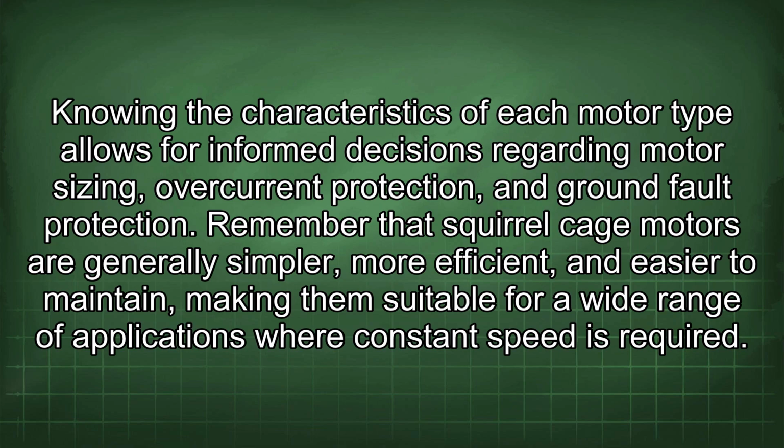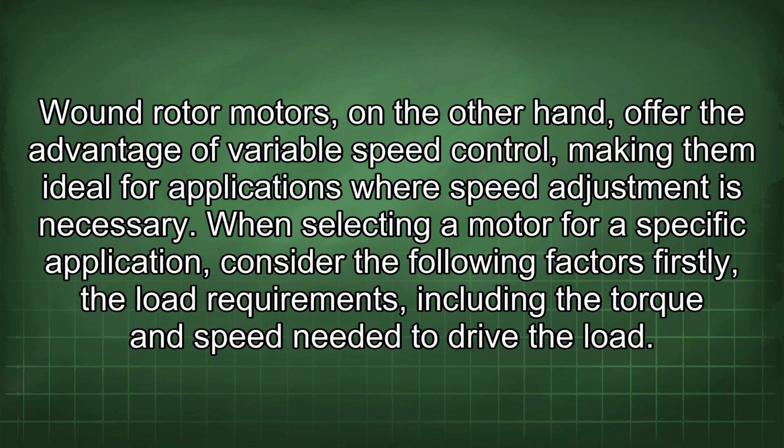Remember that squirrel cage motors are generally simpler, more efficient, and easier to maintain, making them suitable for a wide range of applications where constant speed is required. Wound rotor motors, on the other hand, offer the advantage of variable speed control, making them ideal for applications where speed adjustment is necessary. When selecting a motor for a specific application, consider the following factors.